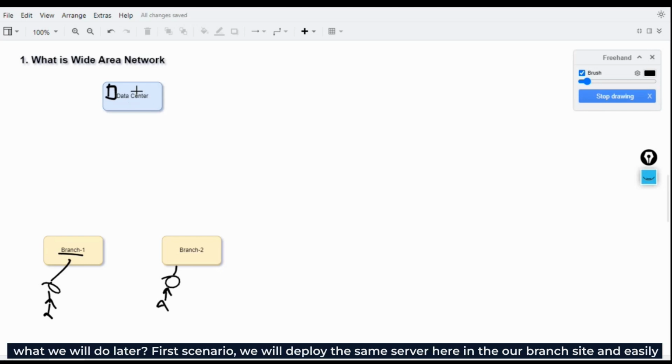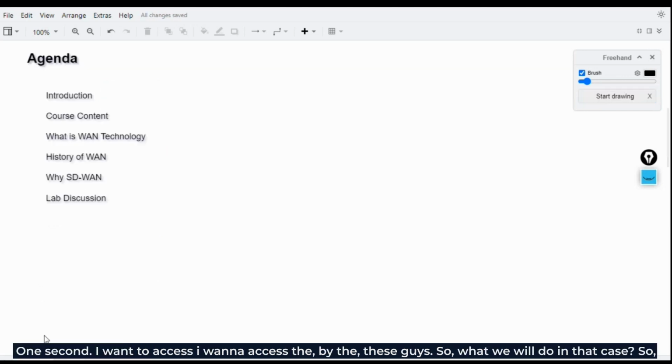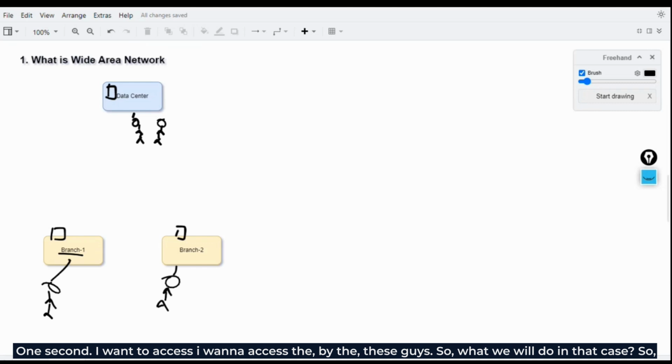So what will we do? In the first scenario, we will deploy the same server here on our branch side, and everybody can easily access it. But suppose the users sitting in my data center want to update the same file, and the same file is accessed by these people.